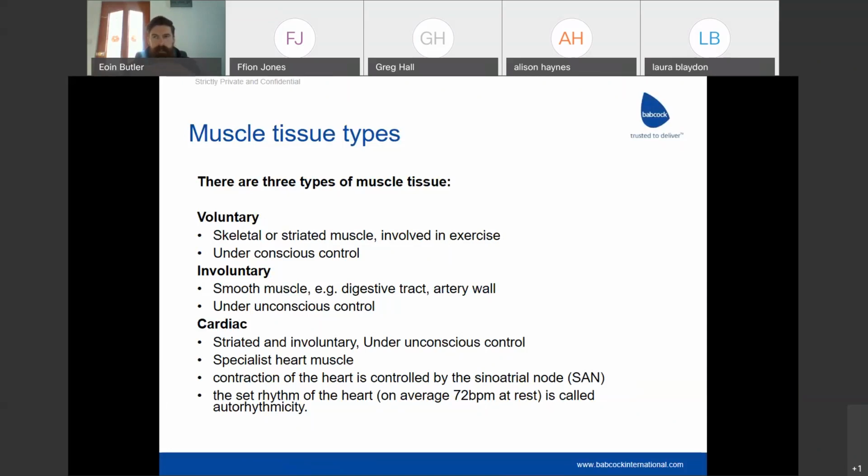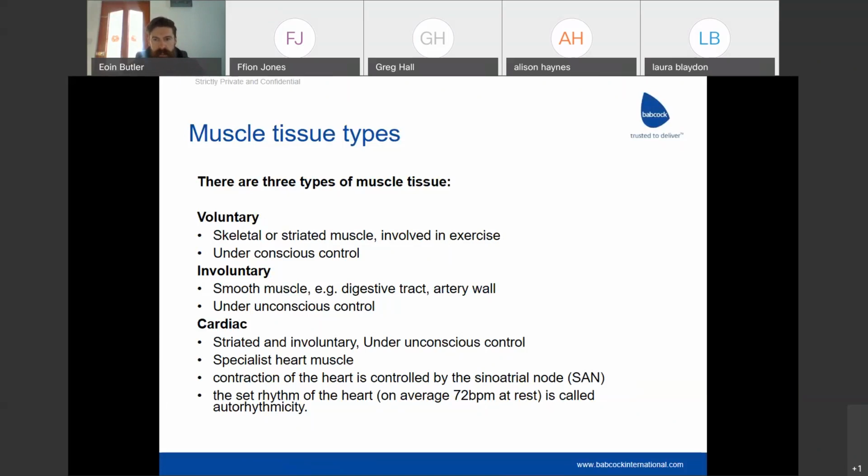So you might see that written somewhere where it's called the myocardium. Contraction of the heart is controlled by the sinoatrial node, which we mentioned earlier, and the set rhythm of the heart on average is about 72 beats per minute at rest, and this is called autorhythmicity. Okay, so 3 types of muscle tissue are voluntary muscle, involuntary muscle, and the cardiac muscle.